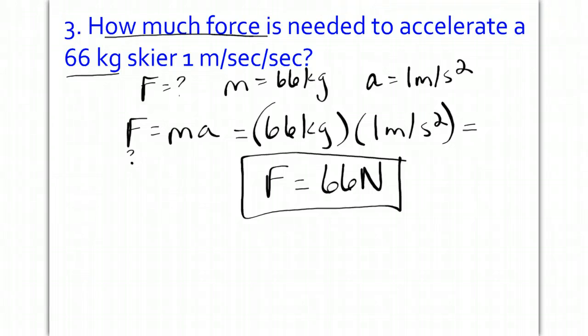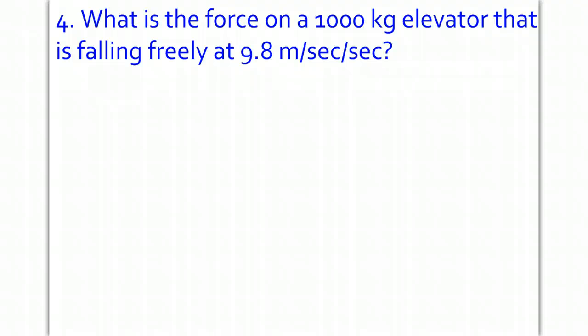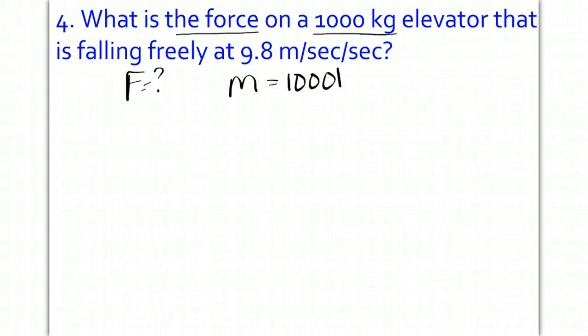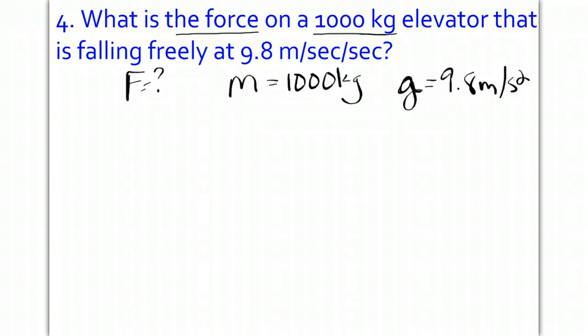One more. What is the force, so force I don't know, of a 1,000 kilogram elevator, that's the mass, and it's falling freely at the acceleration due to gravity, 9.8 meters per second squared. And we can actually call this g for gravity.